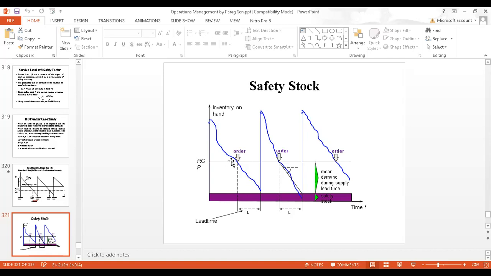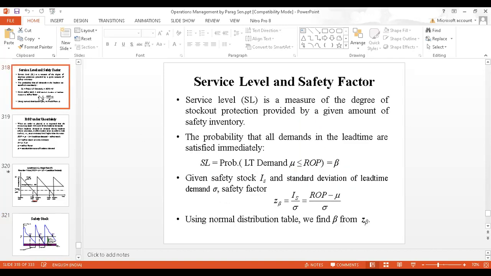That is the service level. If we consider the opposite, then obviously that denotes the risk factor.